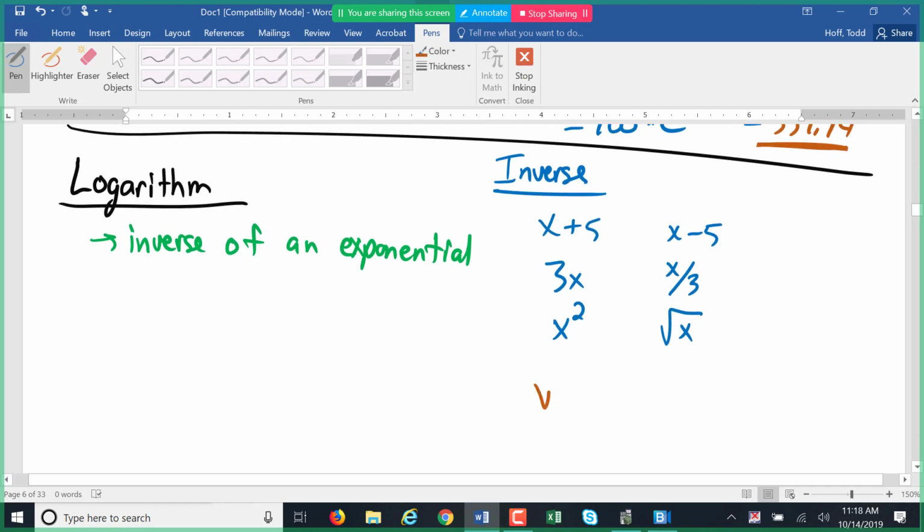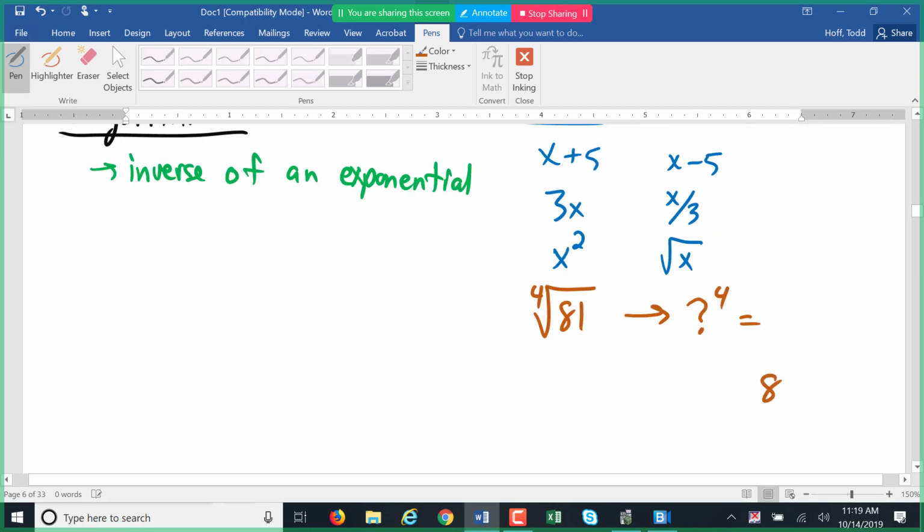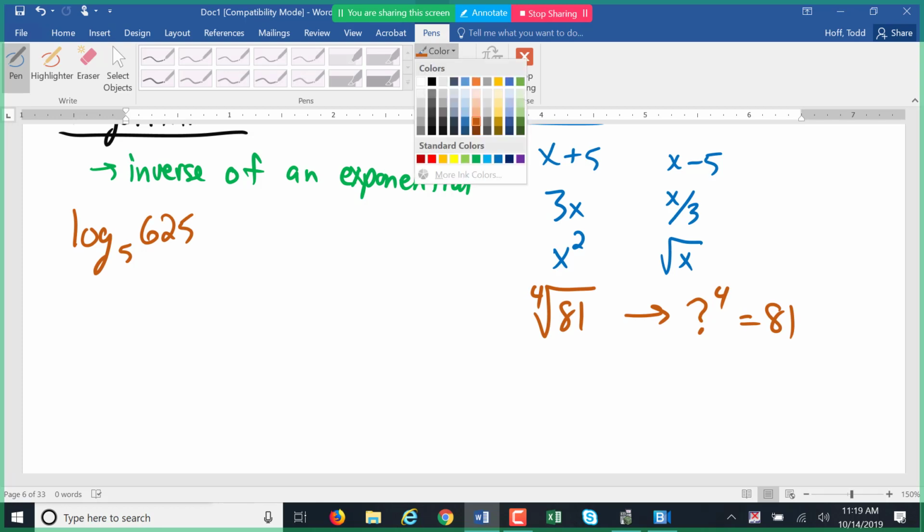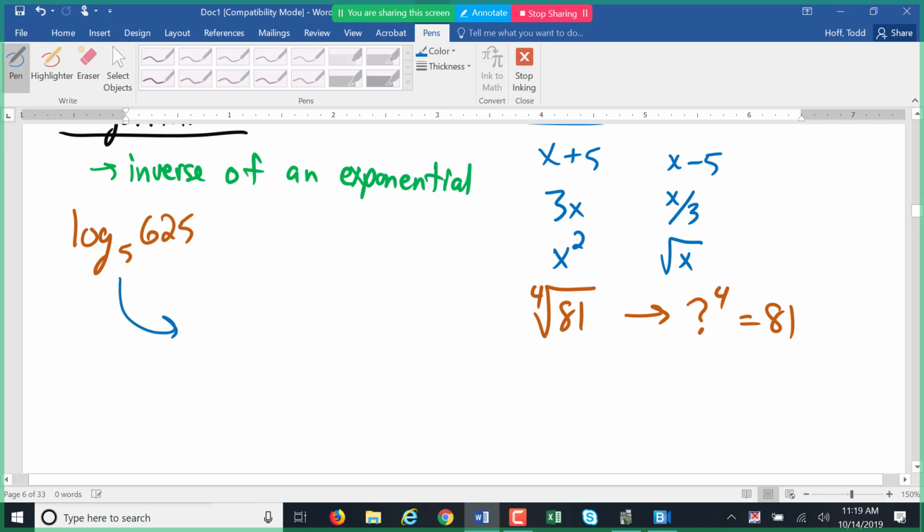Remember I said the fourth root of 81 is really asking what number to the power of 4 equals 81? Well, if I have a log base 5 of 625, what that's really asking is 5 to what power equals 625?